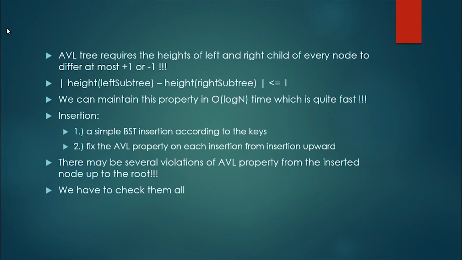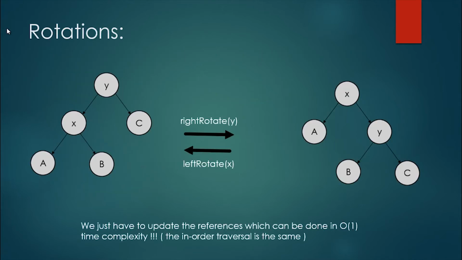Then we fix the AVL property on each insertion from the inserted node upward. There may be several violations of the AVL property from the inserted node up to the root. So maybe there are situations when we have to make several rotations after each other. So we have to check them all, it's very important.